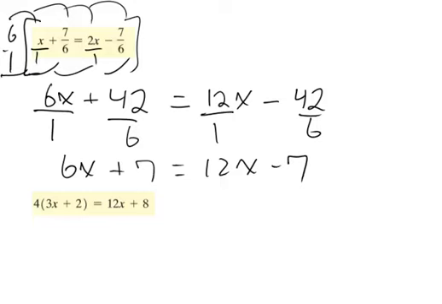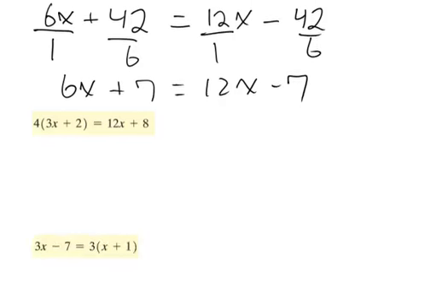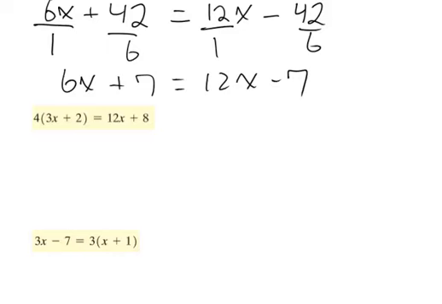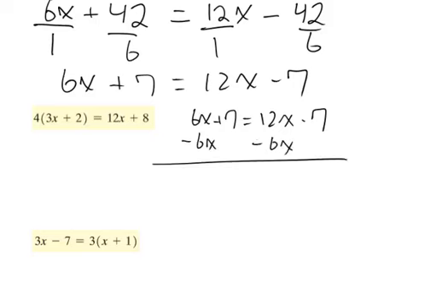Okay, so I'm going to go ahead and scroll down a little bit. Now I'm going to move my smaller x to my bigger x. So if I have 6x plus 7 equals 12x minus 7, I'll go ahead and minus 6x on both sides. That's going to leave me 7 equals 6x minus 7.